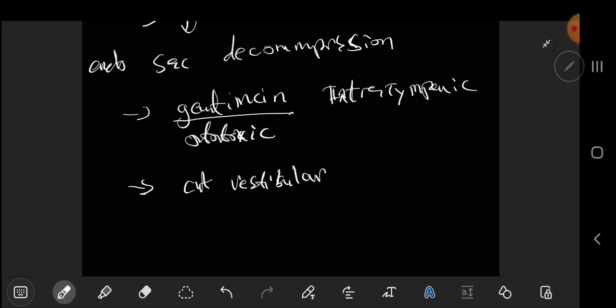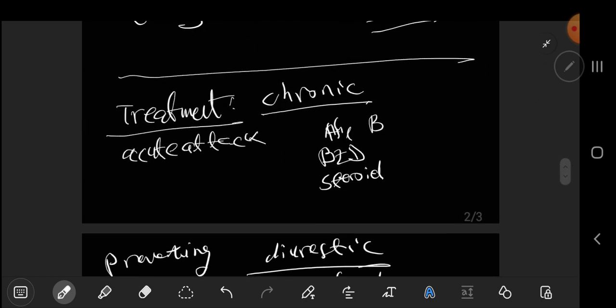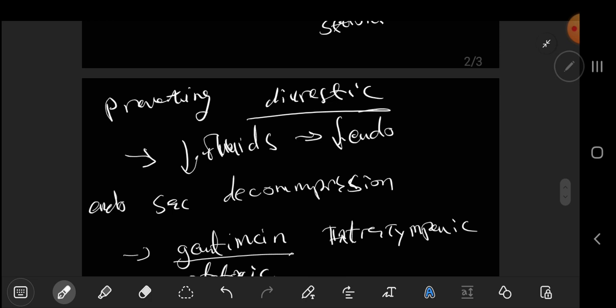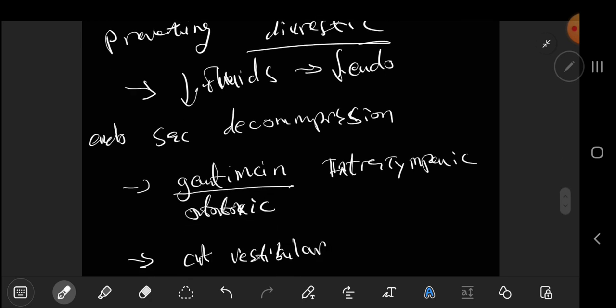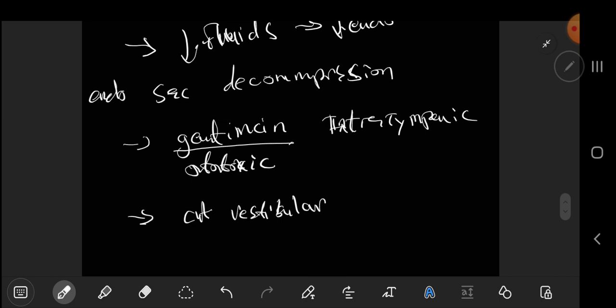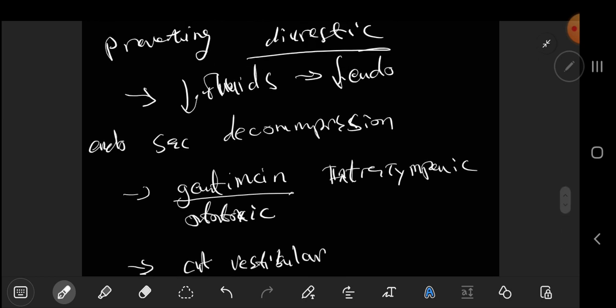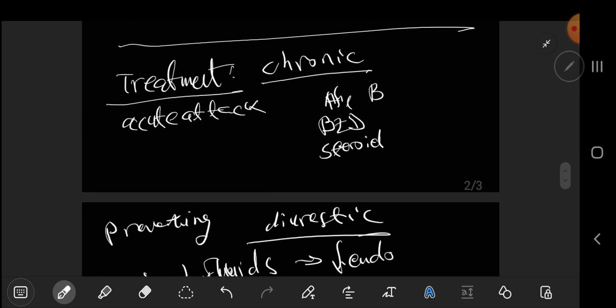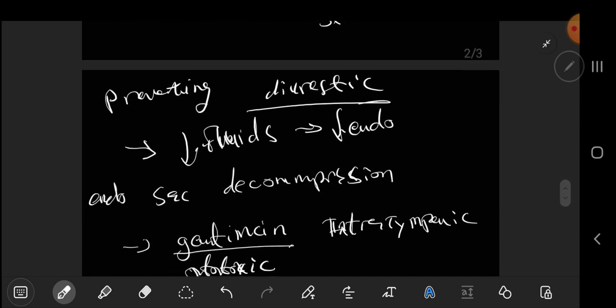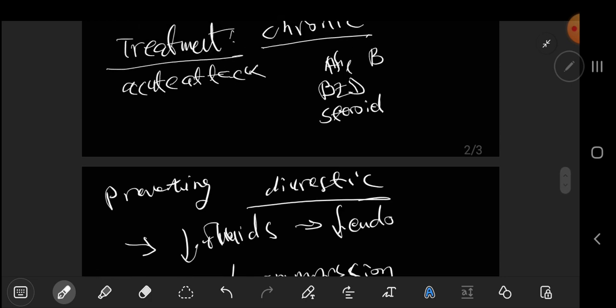Again, we are destroying something in order to reduce the symptoms of Meniere's disease. Those are the main treatments. So for acute attack, antihistamines, benzodiazepines, steroids, and for treating chronically, diuretics, sac decompression, gentamicin, and cutting the vestibular nerve. Now, remember that not all the treatments are really proven to be effective. For example, the diuretics are very mainstream and let's call it first line treatment, but the evidence is quite low.